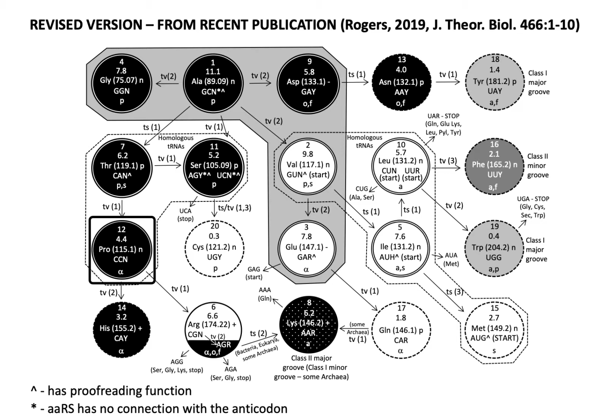The amino acids with double circles around them, those are those 10 amino acids that were present very early on Earth, and you can see they're among the top 10 or 11 of the amino acids in ancient proteins.